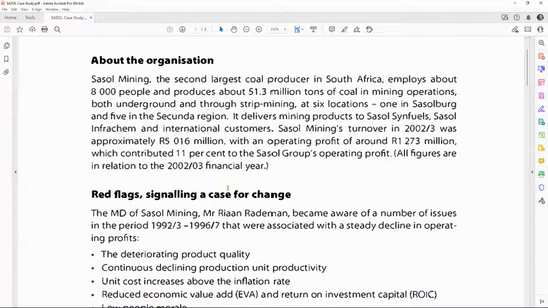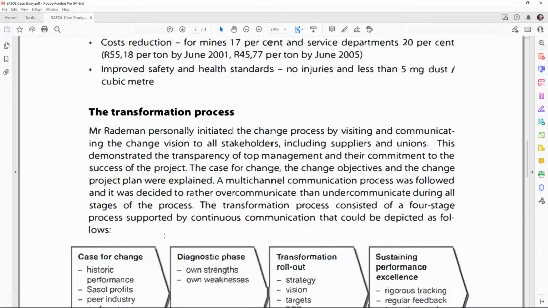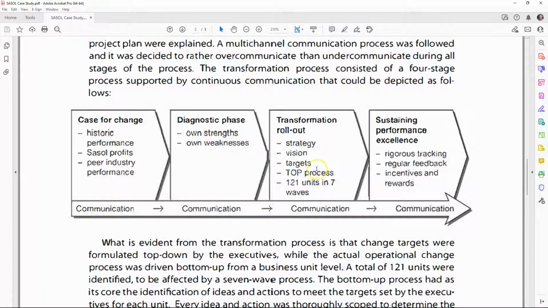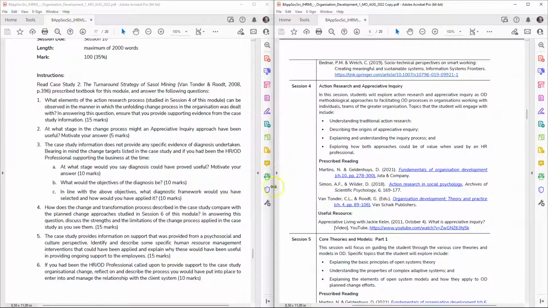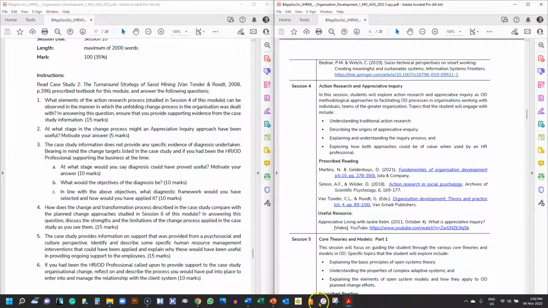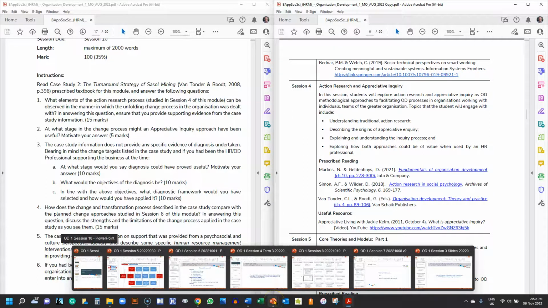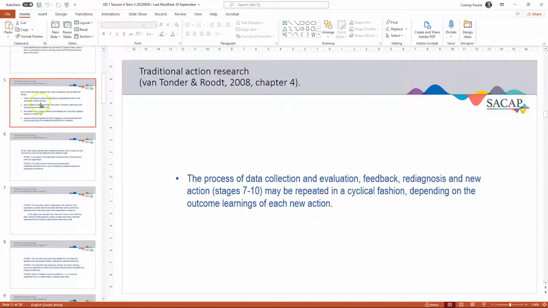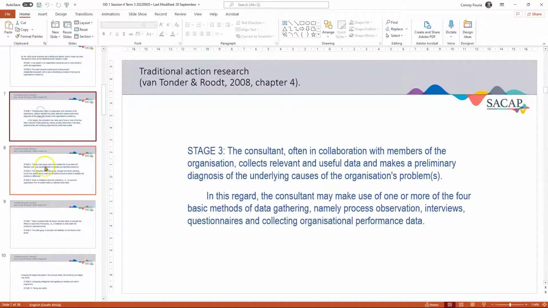Knowing the principles behind appreciative inquiry, you would then hopefully be able to make an assessment as to where in the whole process that's explained in these 3 pages, and you can also refer to this diagram, appreciative inquiry would have been helpful. So if you go to appreciative inquiry, where is that again? Session 4.